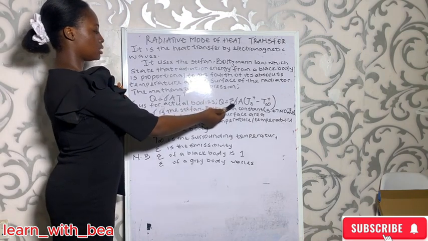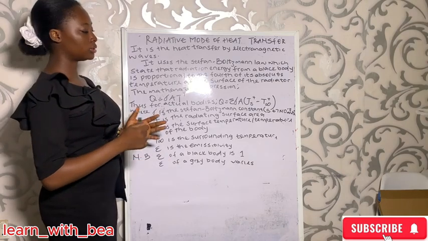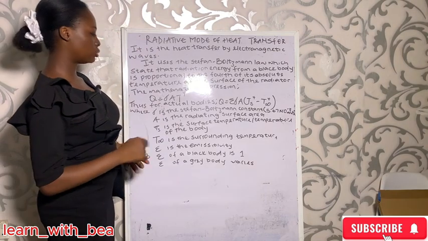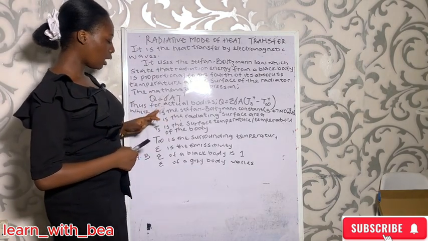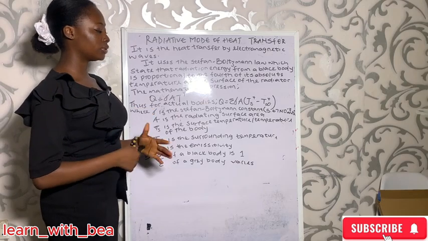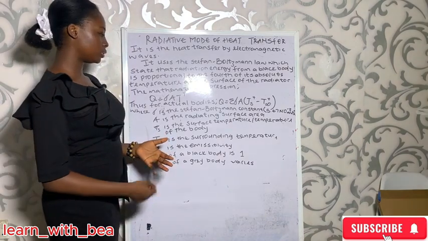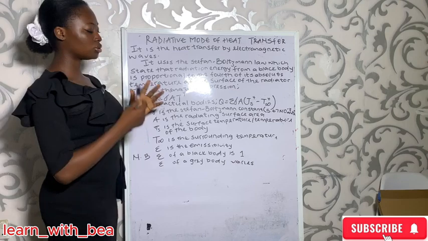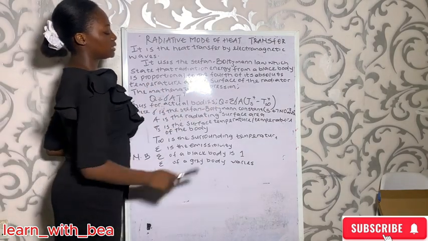This is the Stefan-Boltzmann constant, which is 5.67 times 10 raised to the power minus 8 watts per meter squared per Kelvin raised to the power 4. Our A is the radiating surface area. Our Ts is the surface temperature of the body. Then the T infinity is the surrounding temperature, and this is the emissivity.